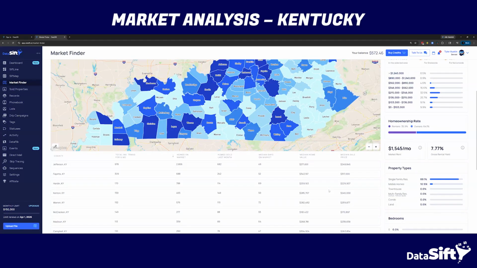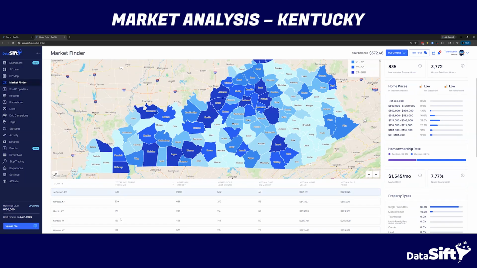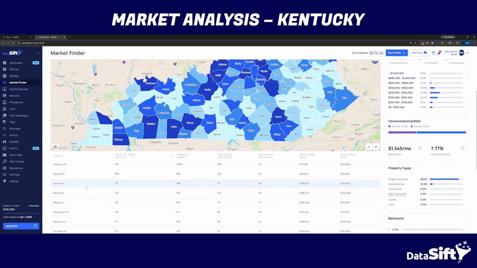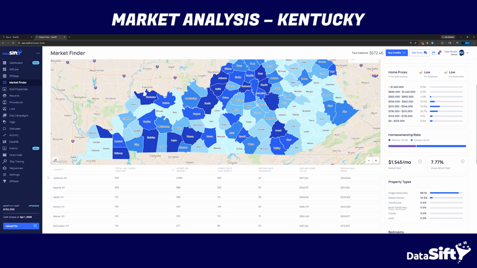You're looking pretty good across any of these top performing areas. If I was choosing, do I want to go to Kentucky and market there, Jefferson looks good. There's enough investor activity across the board, and the median sales price is within a good price point here.